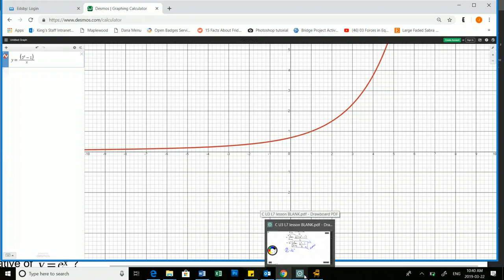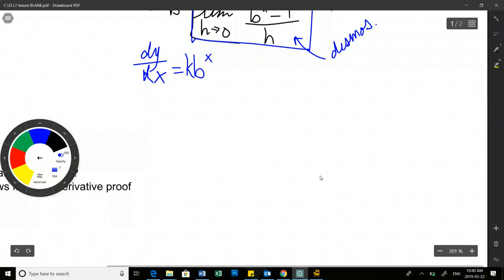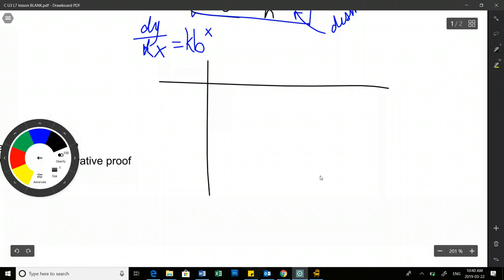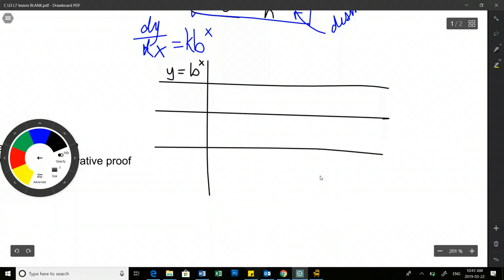Before we start our observations, we're just going to set up a little chart to see what's going on. These will be the variety of functions that we're observing. I'm going to observe maybe 2, 3, 4, 5, just as an initial observation of how the base can change and how the derivative changes with that.